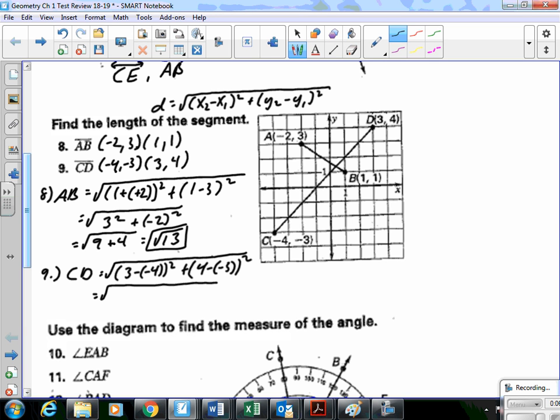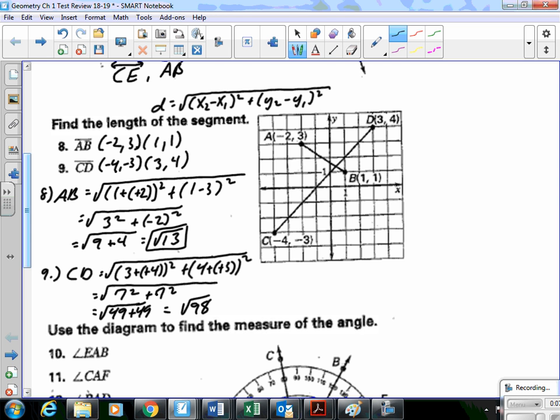So 3 minus -4 becomes plus 4, or 7 squared. 4 minus -3, double negative, becomes 4 plus 3, plus 7 squared. So it's the square root of 49 plus 49, which becomes the square root of 98.